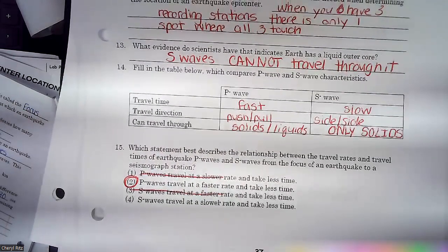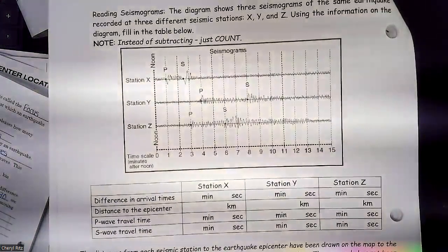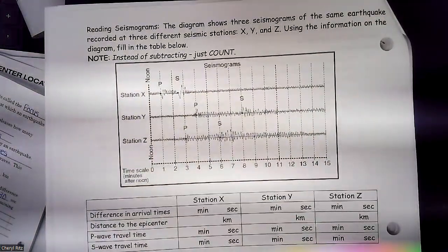So those are just some basic facts you needed to know about earthquakes. I would like to test your ability to answer some Regents questions about earthquakes. Let's go to page 32. There are multiple questions on the test tomorrow that are similar to page 32.